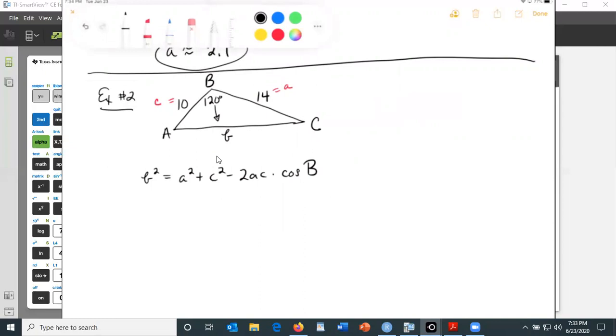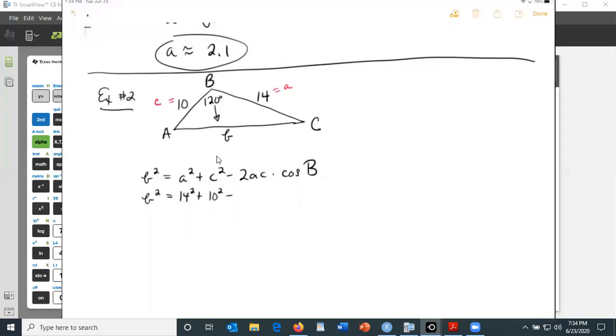We have angle B, we have to use the second formula. All right, now fill it in. So we have b squared equals 14 squared plus 10 squared minus 2 times 14 times 10 times the cosine of angle B, which is 120 degrees.